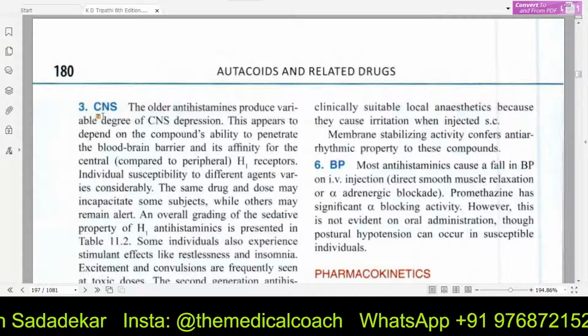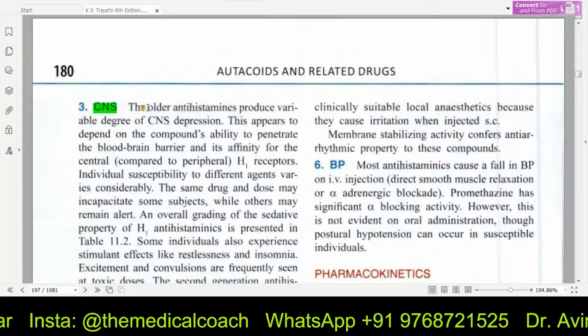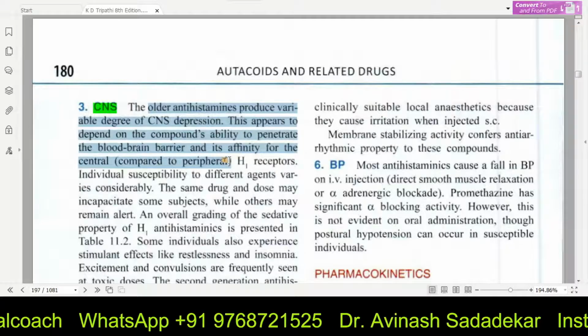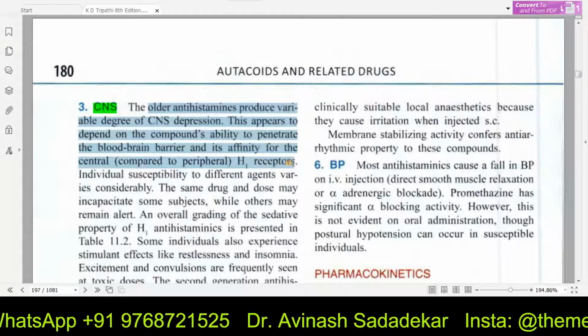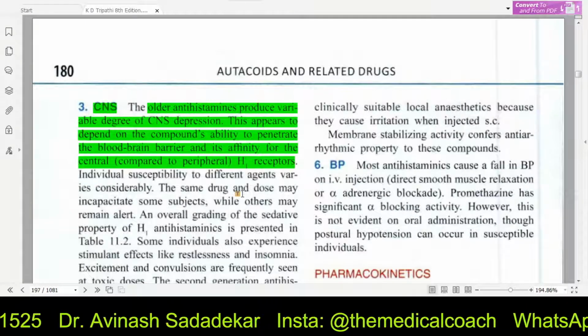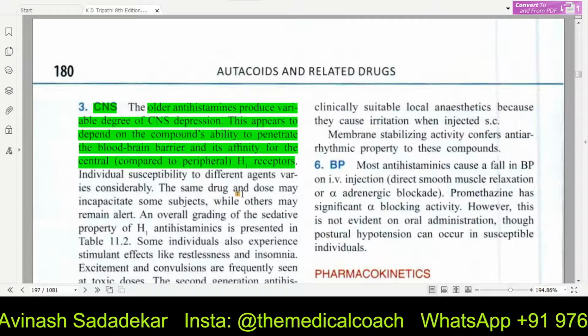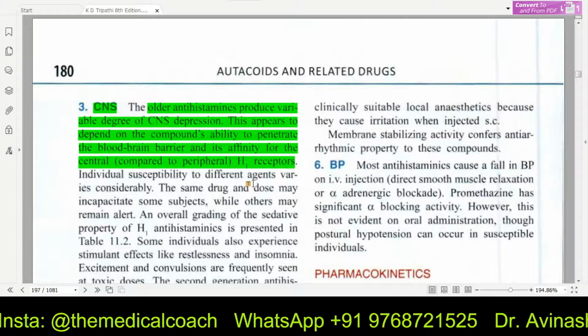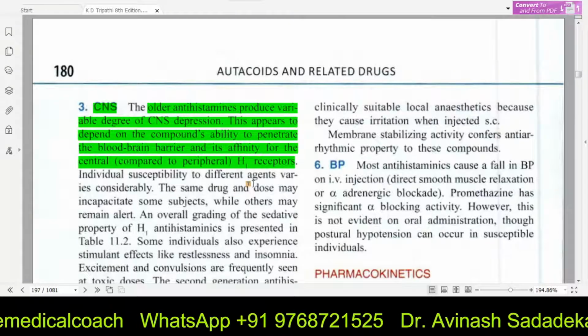Simple. Okay. The older antihistaminics could cross the blood-brain barrier and attach to the central H1 receptors. And that's the reason why there was CNS depression. Okay, remember H1 and H2 receptors both are causing action potential.